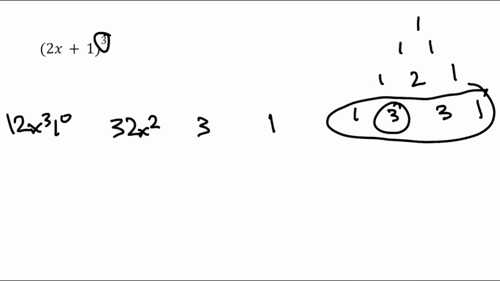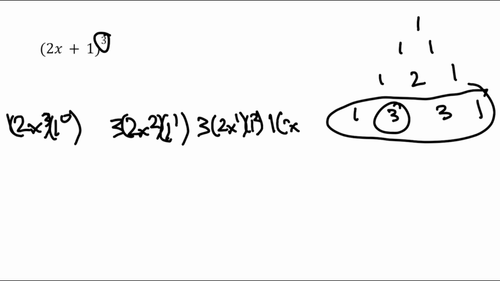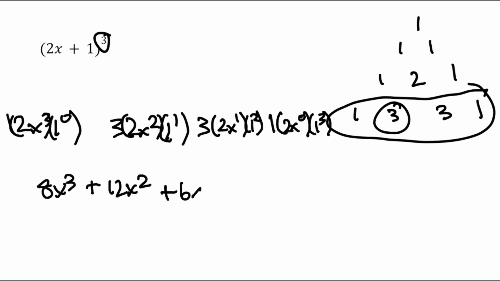Then it's 2x squared and 1 to the first power. Then it's 2x to the first power times 1 to the second power, and then 2x to the 0 power times 1 to the third power. So it will be 8x cubed plus 12x squared plus 6x plus 1.